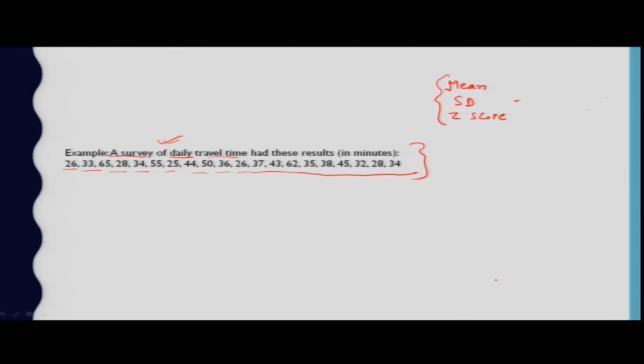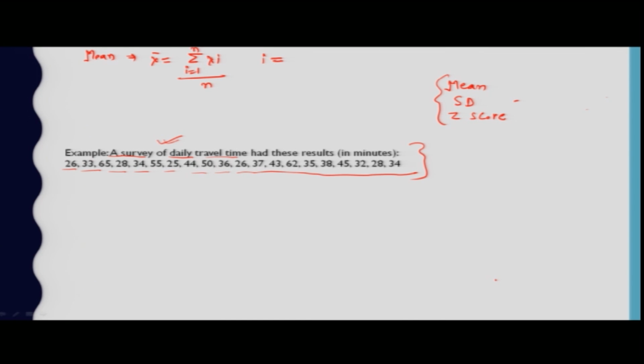So, now first, how will we calculate the mean? The formula for mean is clear. To calculate the mean, the formula is x bar equals summation of xi upon n, where i is the number of the travel times.